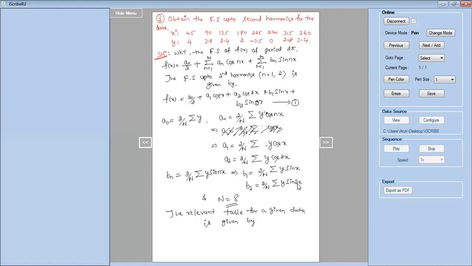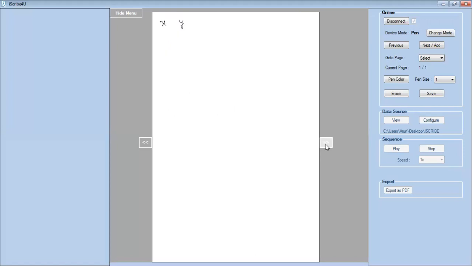So I'll write y cos x here, then y cos 2x, then y sin x, then y sin 2x. These are the different parameters present in the formula. Now let us enter the data.